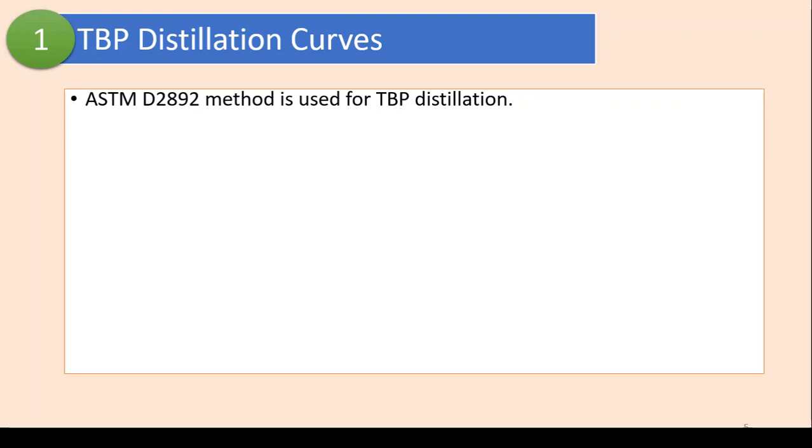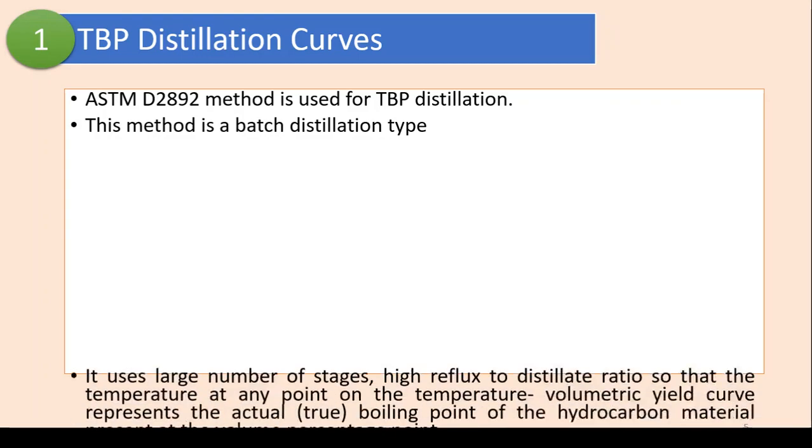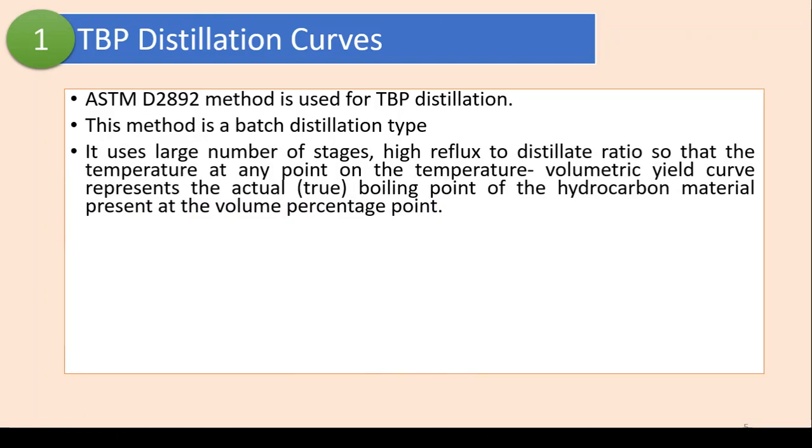this is a standard distillation method, and its standard number is ASTM D2892. And this method is simply a batch distillation type, but it requires a large number of stages and a very high reflux ratio.